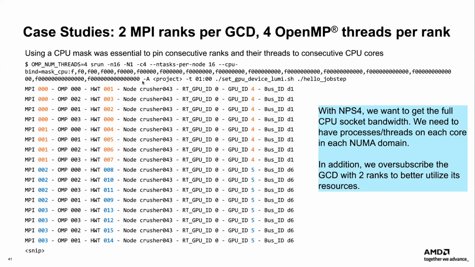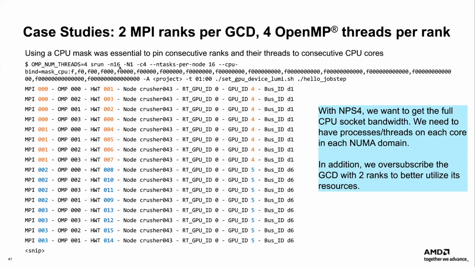This mask looks alien, but we have a way to generate it. But let's see what happens. We have rank 0. Here we have 4 threads per rank, and we are running 16 ranks.